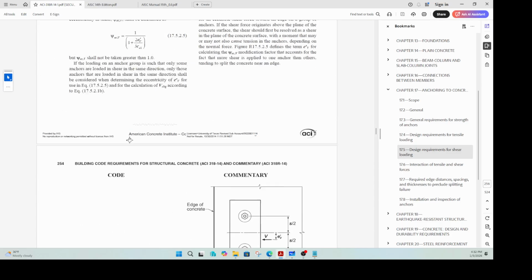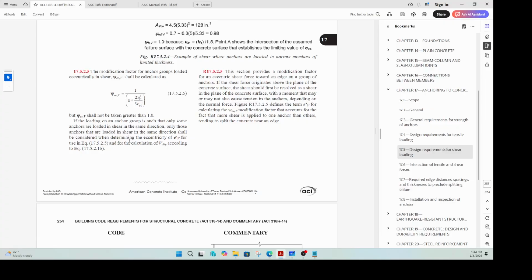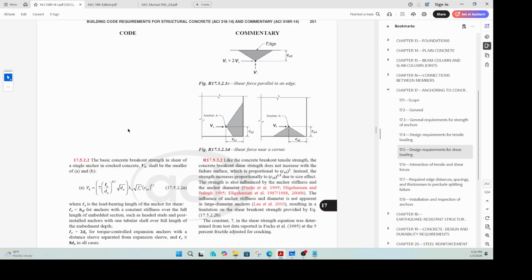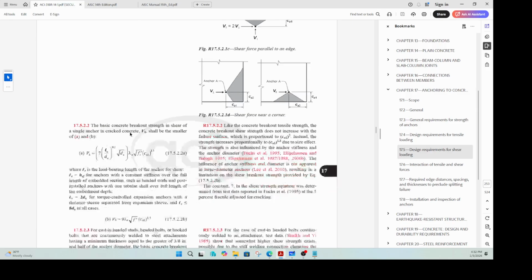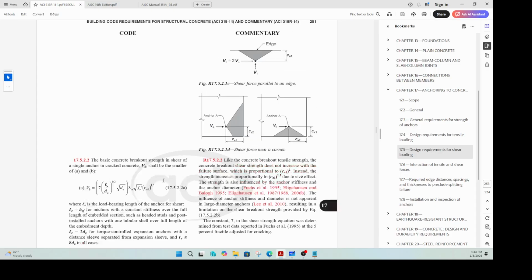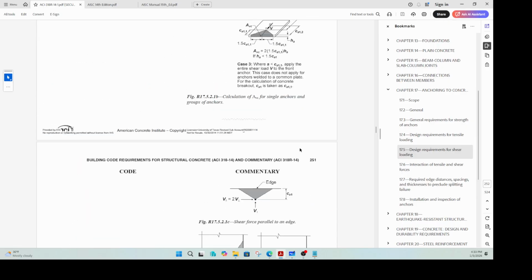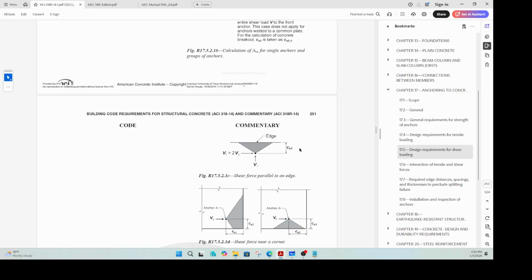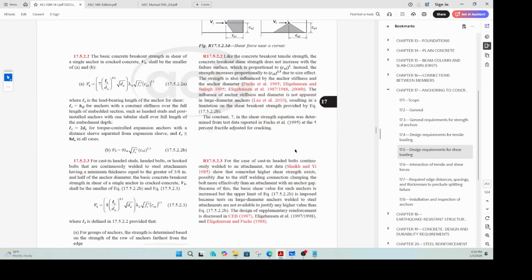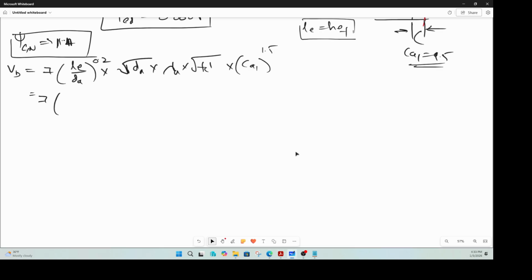So the basic breakout strength will be, before the factors, HEF. Right? So LE is HEF. This is what I was referring to. HEF is nothing but, when you apply shear, the embedment depth. Right? So let's go calculate that value.